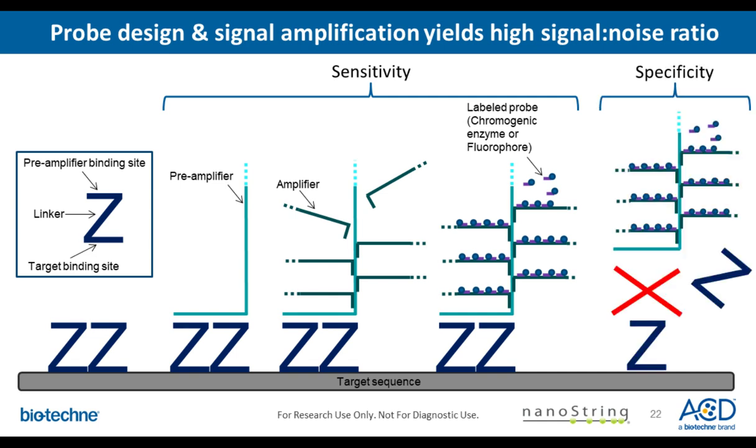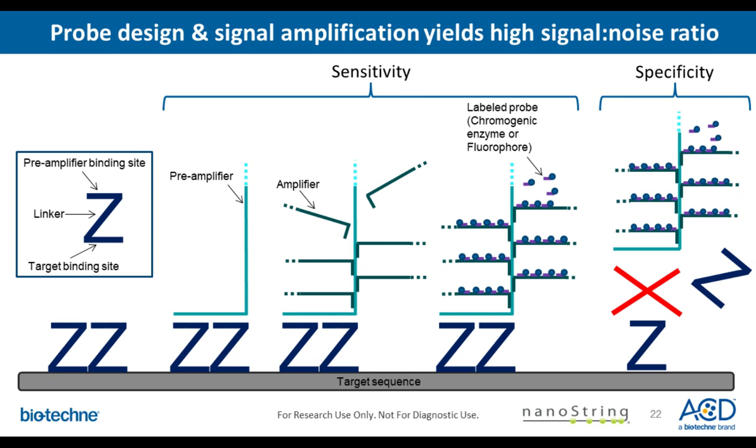What about the specificity? Well, unless a Z pair is bound in tandem to a target RNA, the preamplifier cannot bind onto the Z probe. For example, if a Z binds non-specifically to another target gene, the preamplifier cannot stably bind to a single Z probe. As a result, there is no tree building and no signal detection.